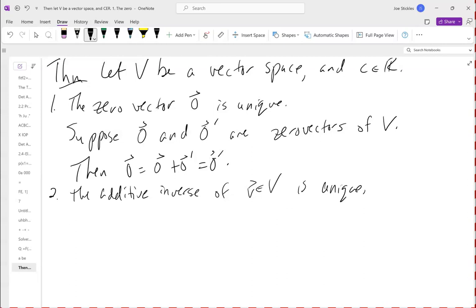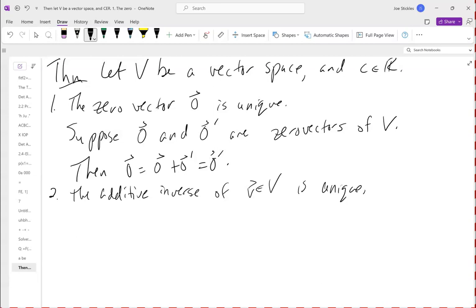Again, when we stated the property for additive inverses, we just said that for each vector there exists an inverse, but we didn't say there was a unique one. Again, it's because we can prove it. And just like what we did for the previous theorem, we can prove this the same way, right? Assume we have 2, show that they're equal, okay?